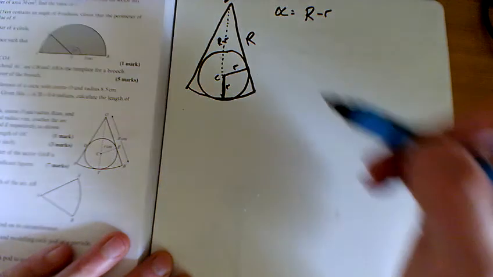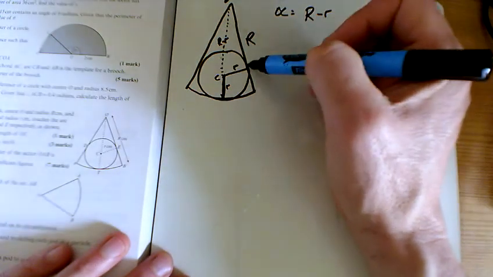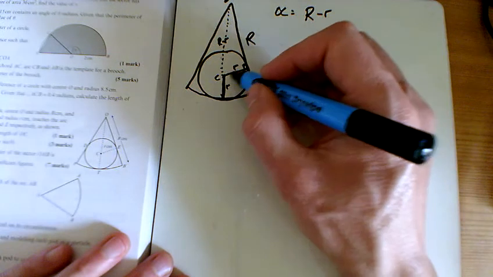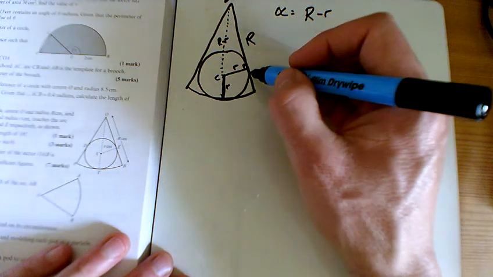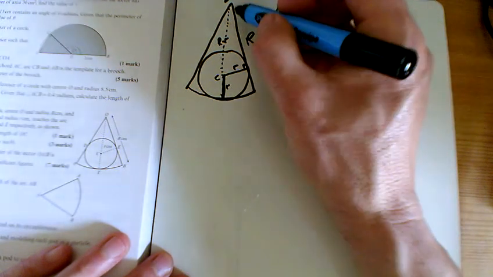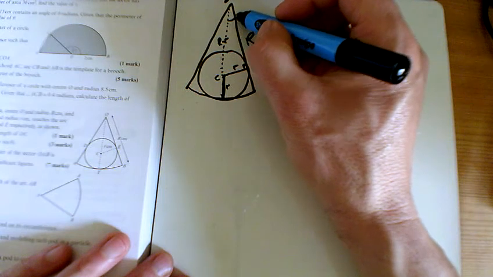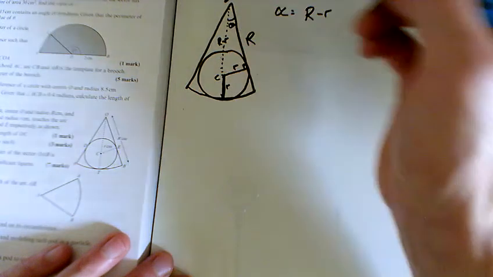So then in part B, we're looking at this triangle here. And this triangle is a right-angled triangle because a radius meets a tangent at 90 degrees. We were told the angle there is 2 theta, so this angle here is theta.